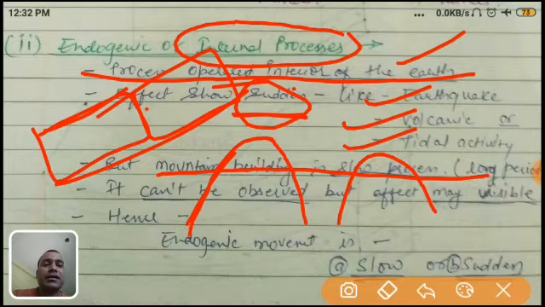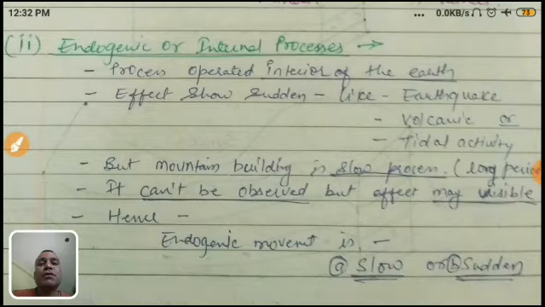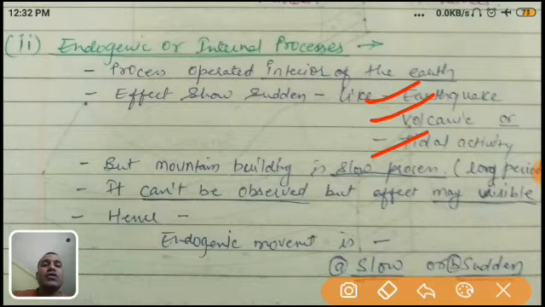Then what will happen? They form mountains. So that's why mountain building is the slow process only, but the remaining ones, earthquake, volcano, tidal, are all fast processes, or we can say sudden processes.